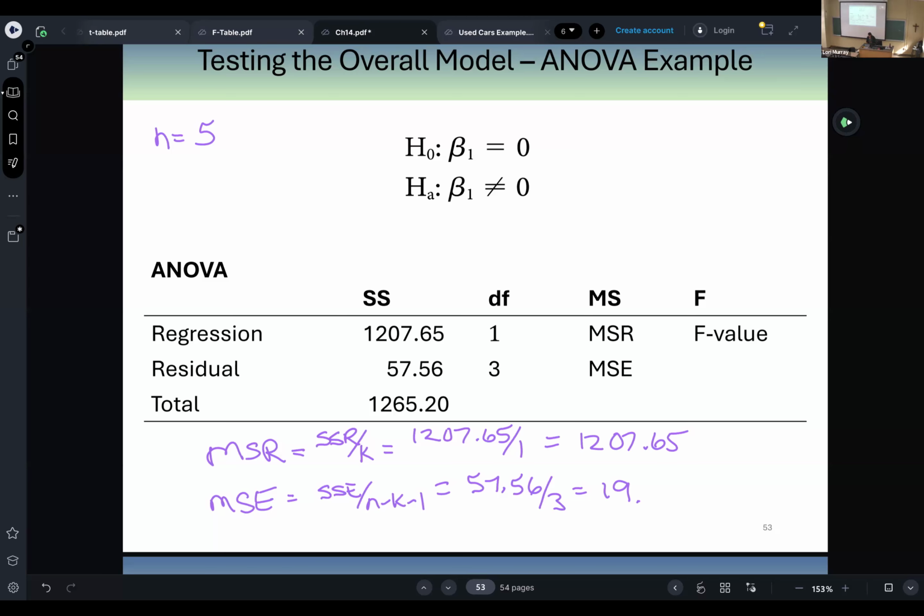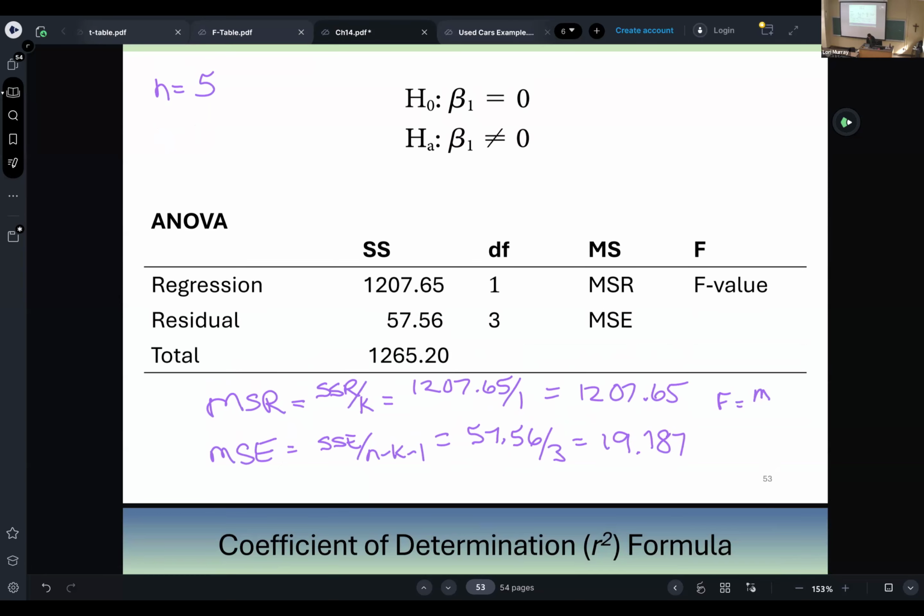And then we can get the F value. F is going to equal the MSR divided by the MSE, so you just take 1207.65 divided by 19.187, which is 62.941.